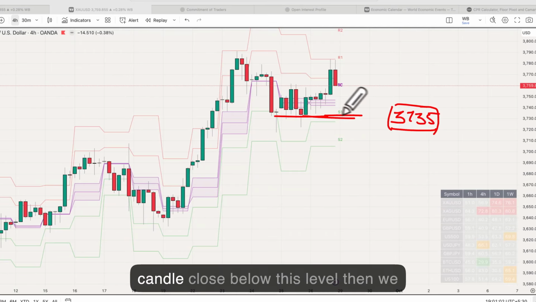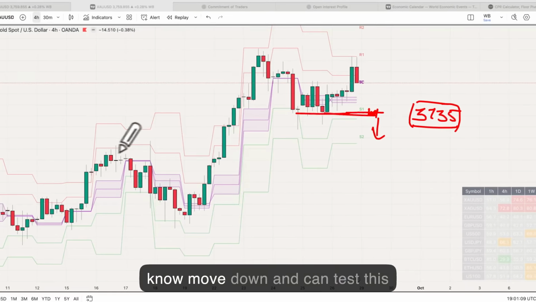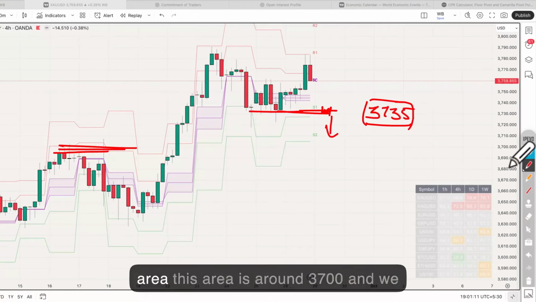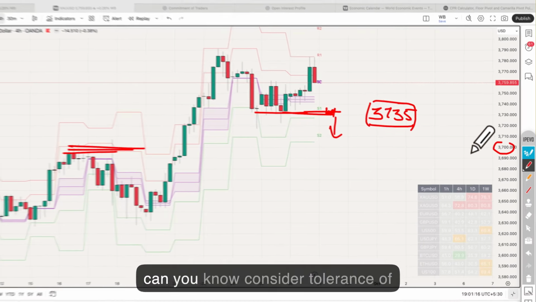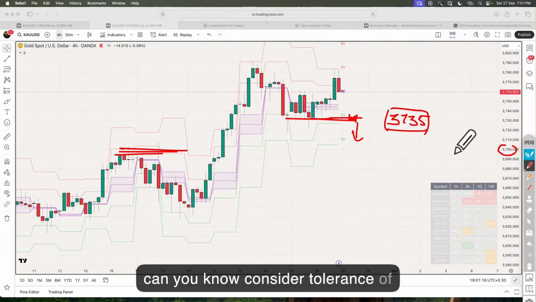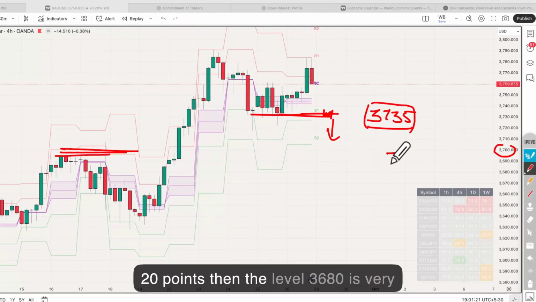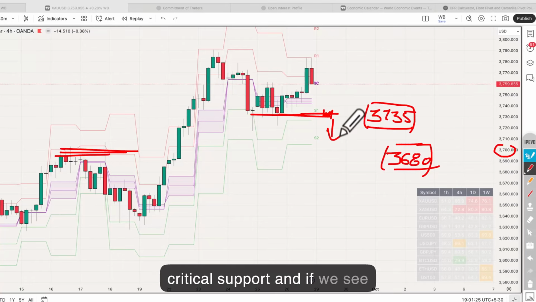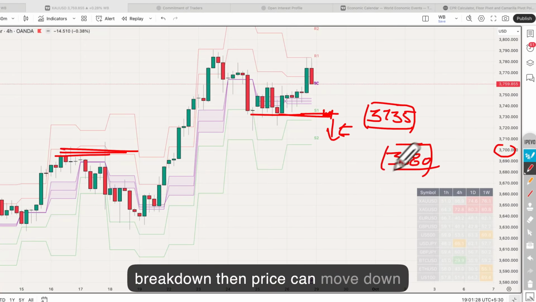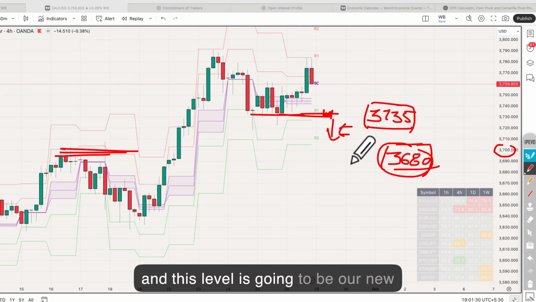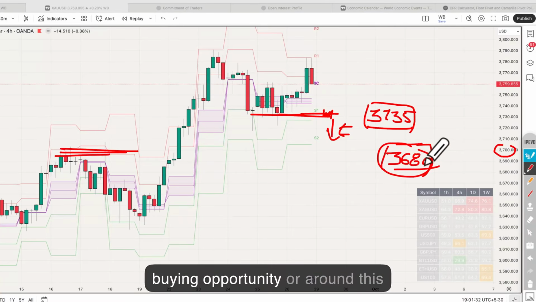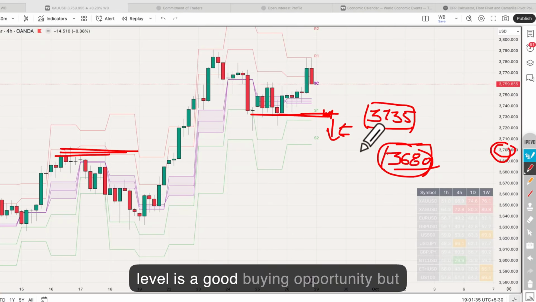If any H4 candle closes below this level, then we can expect a decline and price can move down and test this area around 3700, and we can consider a tolerance of 20 points. Then the level 3680 is very critical support, and if we see a breakdown, then price can move down, and around this level is a good buying opportunity.